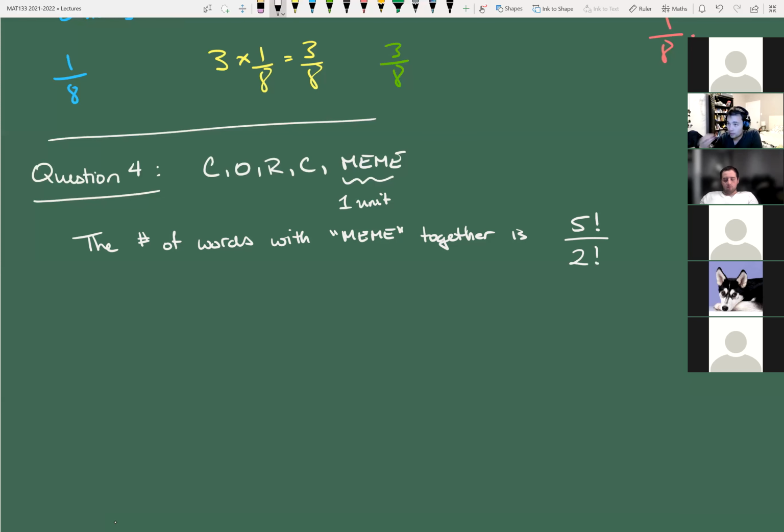Now, in order to compute the probability, what we want to do is divide that by the total possible number of ways that we can rearrange the words. So the total number of words possible is what? 8 factorial divided by 2 factorial times 2 factorial times 2 factorial, right?